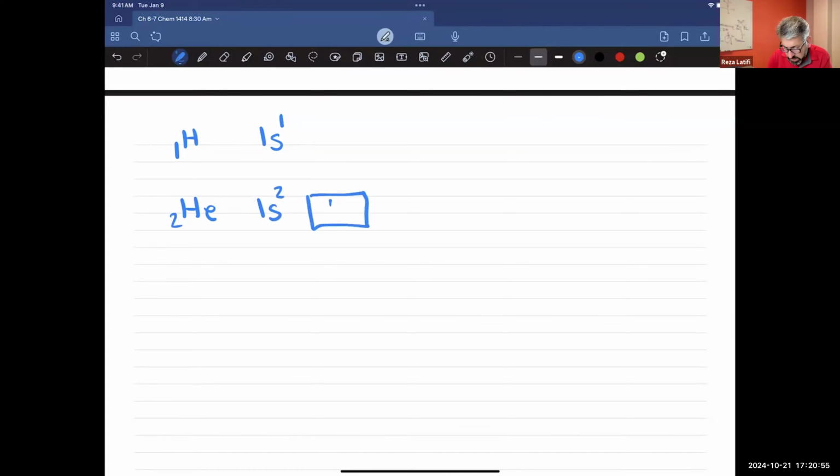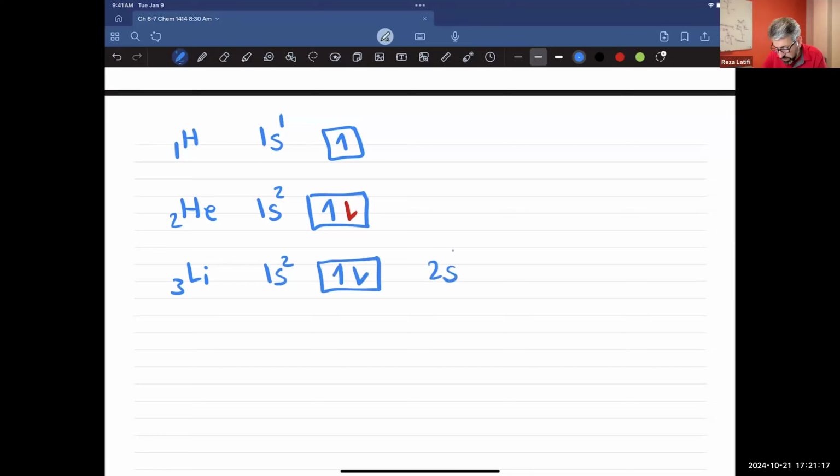For helium, one is up and the second one is down, while for hydrogen we had one electron pointing up. Now the next element, lithium, has three electrons, so you say 1s with two electrons, so the 1s is already taken. Next, you go 2s with one electron, and this one will be pointing up.